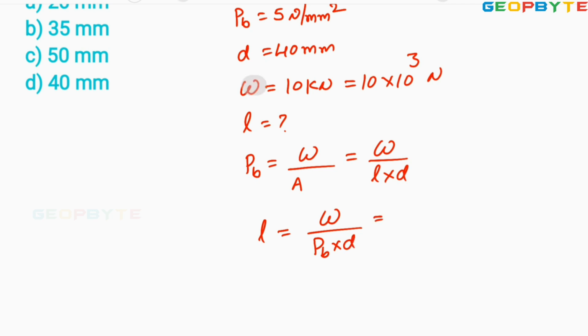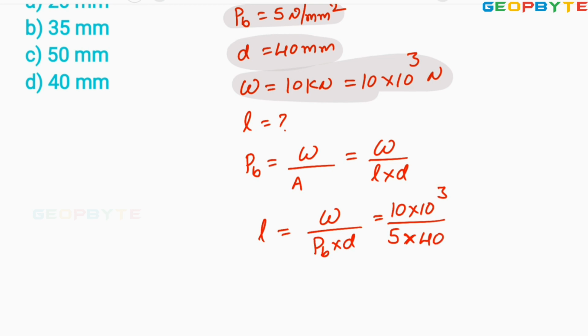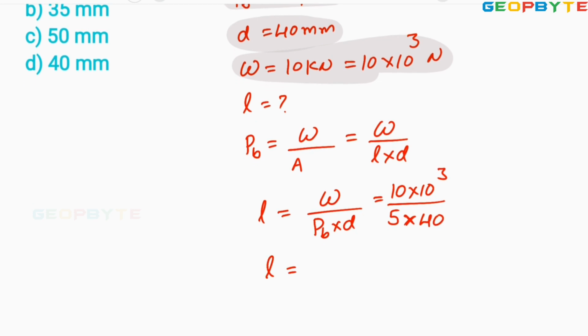The load is given as 10 kilonewtons, so 10 into 10 power 3 divided by bearing pressure, which is 5 Newton per mm square, multiplied by the diameter. The diameter of the journal or the shaft, D, equals 40 mm. You simplify this value for getting the length of the bearing equal to 50 mm. I hope all of you clearly understood.